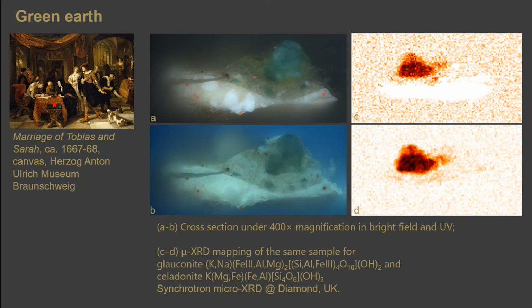The analysis showed us that both glauconite and celadonite are present in this pigment, confirming that it was indeed green earth. However, the results were inconclusive regarding the ratio between these two minerals. So unfortunately, we're still not quite sure where the green earth comes from, or why it all of a sudden appears in Steen's palette.